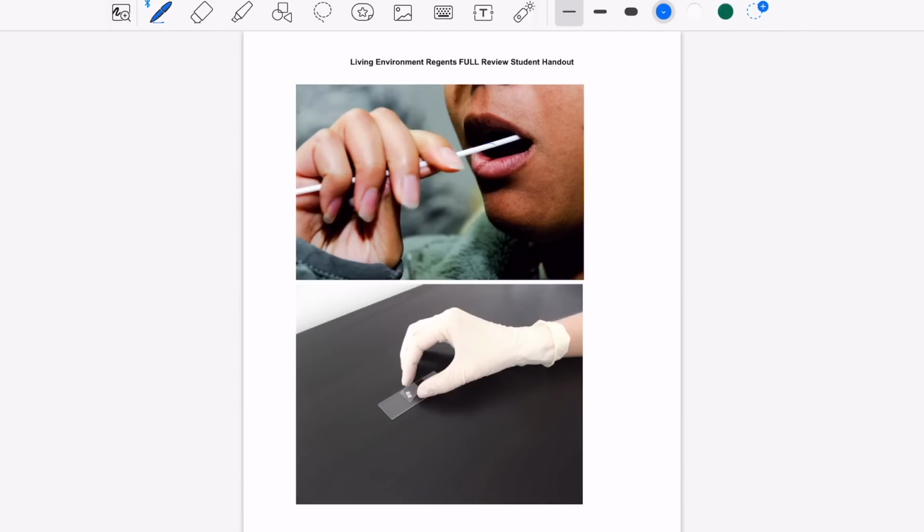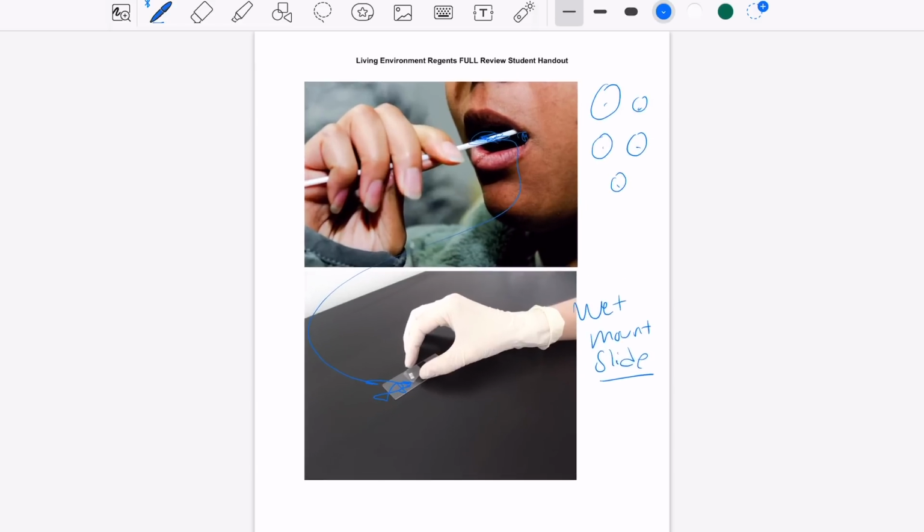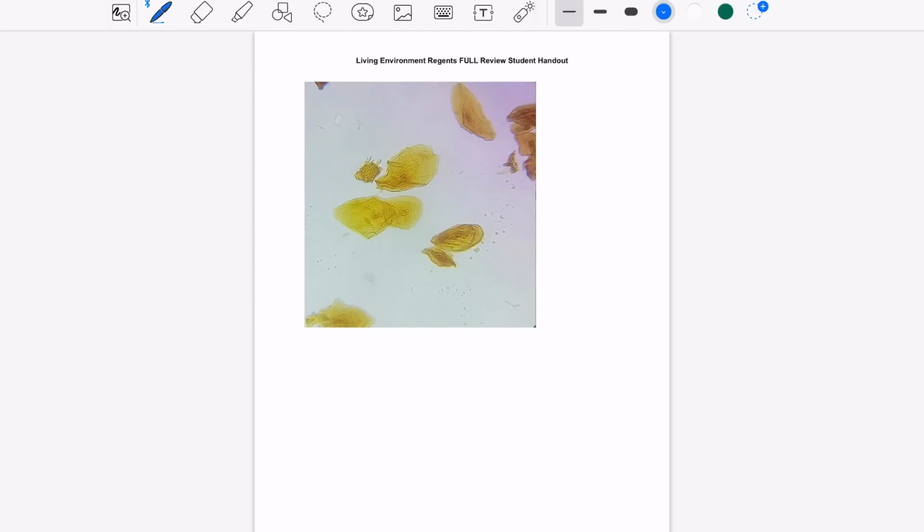So what you did is you took a toothpick and you scraped the inside of your mouth and you collected thousands of cells. You took the toothpick and you put the sample on a drop of water on what we call a wet mount slide. You then took the slide and you looked at it under a microscope.